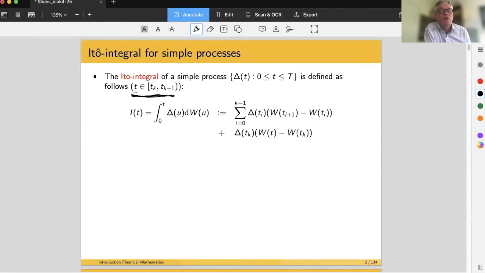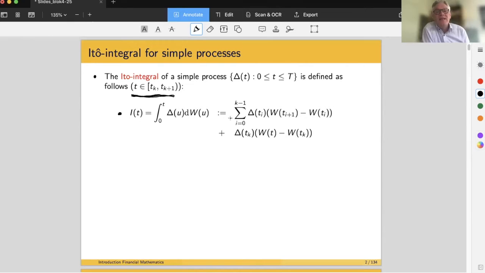So we say small t is in that interval from t_k to t_{k+1}. Then our Ito integral for the simple process is written as I_t. It is, in fact, the integral from 0 to t of Delta_u dW_u, so an integral with respect to Brownian motion.